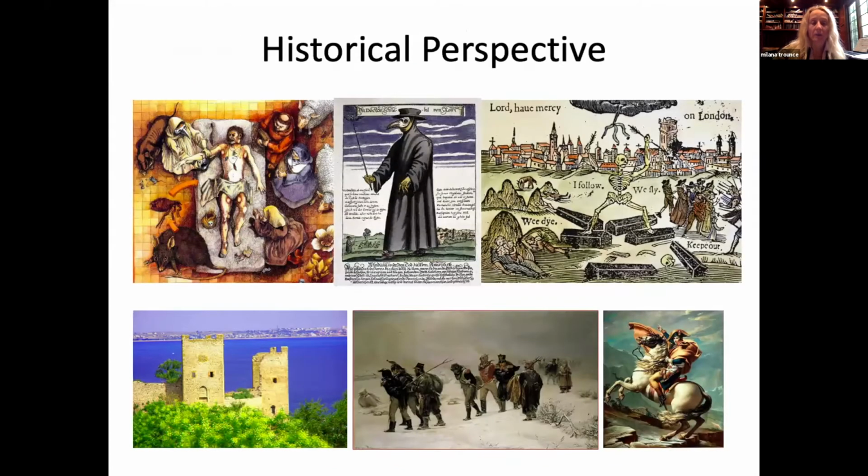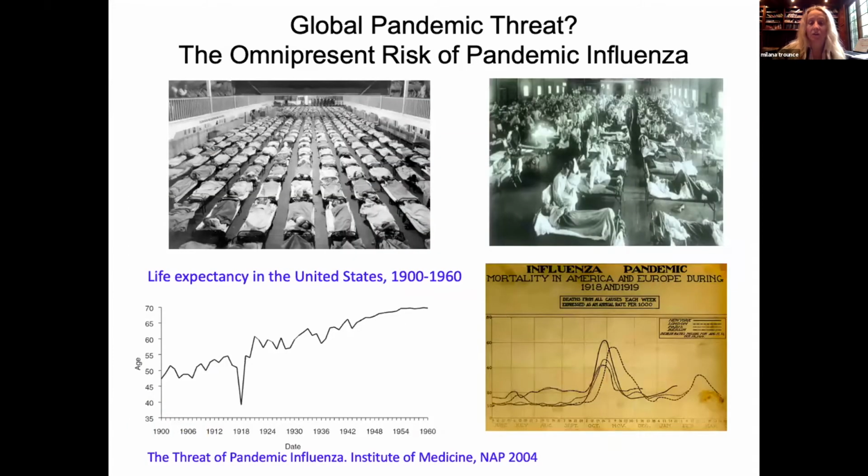It took out half the population of Europe during the plague. One of the more recent examples of pandemics is the Spanish flu influenza of 1918, which took life expectancy in the US down to about 40 years old. And this happened just 100 years ago. But this is something that people talk a lot about now.